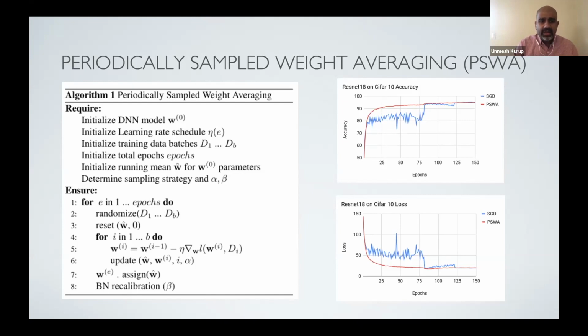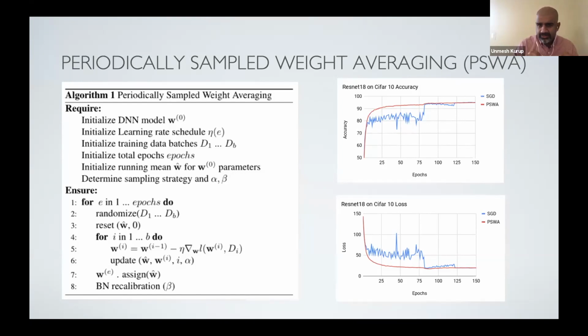In step 7, at the end of the epoch, in normal SGD, wherever you ended at the previous epoch, that's where you start from. But in periodically sampled weight averaging, we assign the averages of the weights we have calculated back to the weights of the network. And when the next epoch starts, that is where you start from.